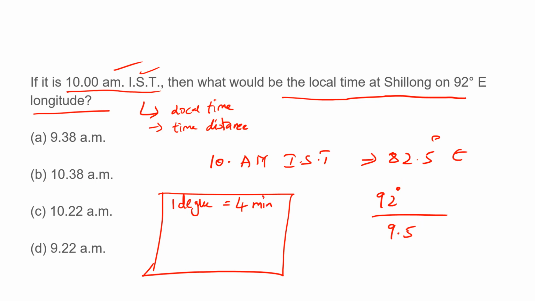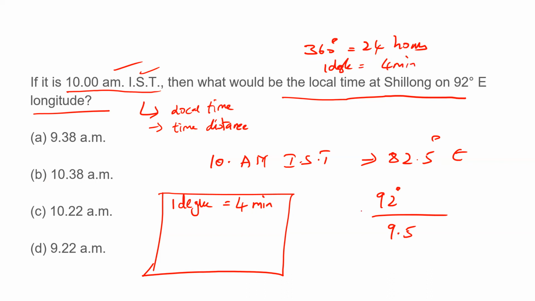If you want to know the logic: 360 degrees of longitude for the entire world, rotating takes 24 hours. So for 1 degree, if you calculate, it comes to approximately 4 minutes.